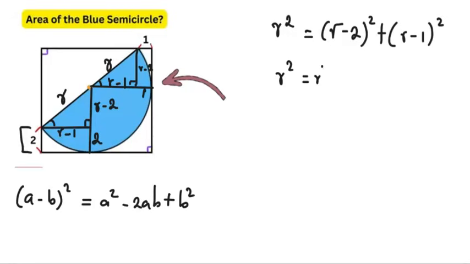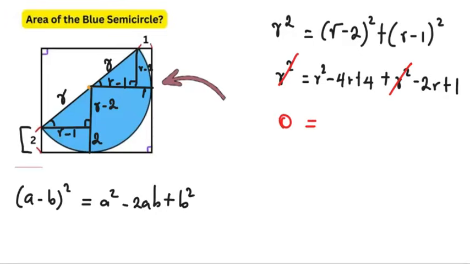So this is going to give us r squared minus 4r plus 4, and then plus r squared minus 2r plus 1.